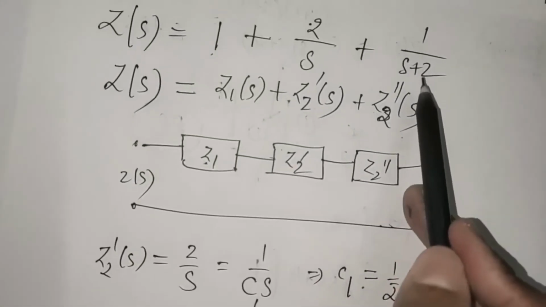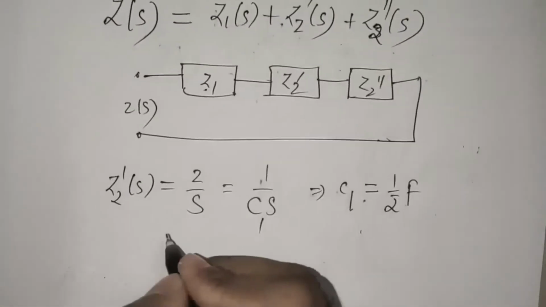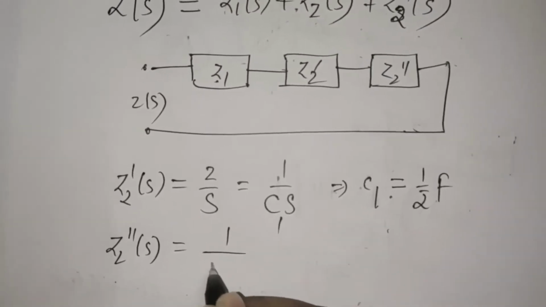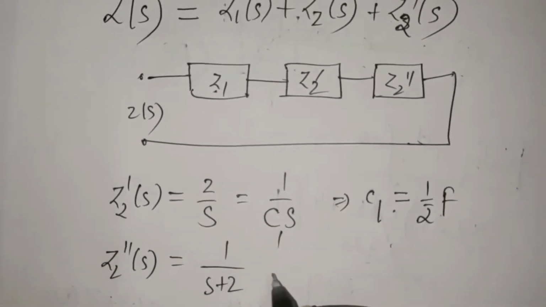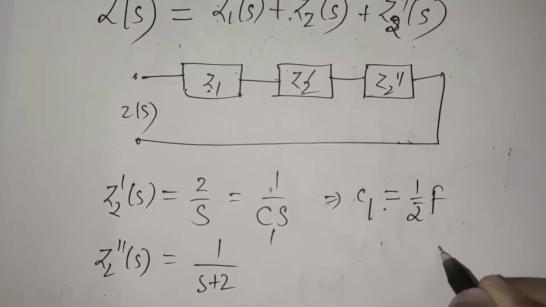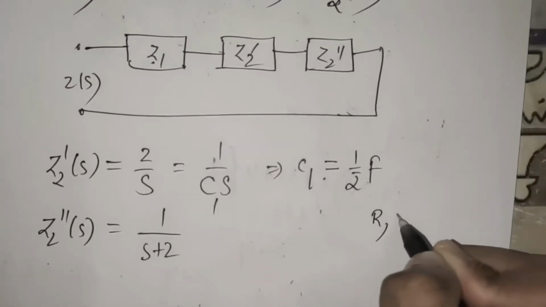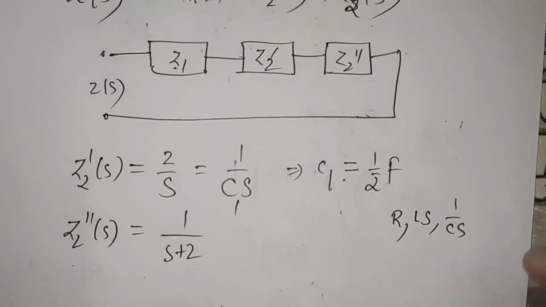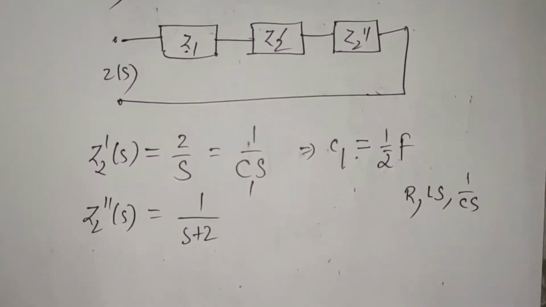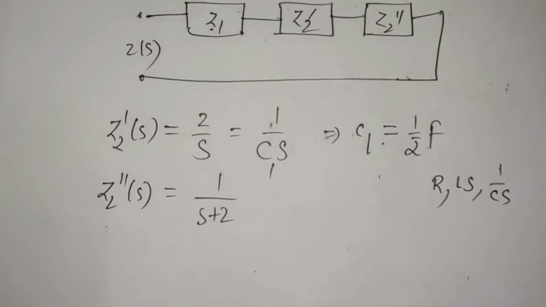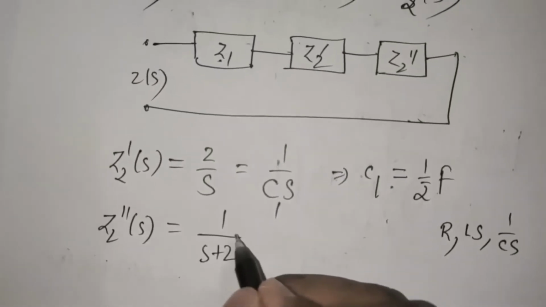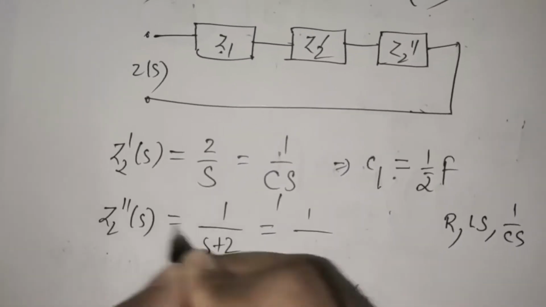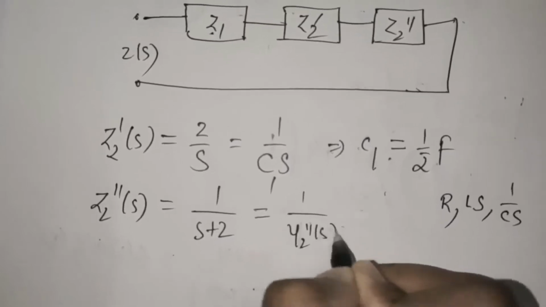The third term, that is z2 double dash, it is 1 by s plus 2. This is neither in the form of R, neither in the form of Ls, neither in the form of 1 by Cs. So it means that it is the parallel combination of R and C. So in such case we have to make numerator as 1, but in this case already the numerator is 1, so this I can write as y2 double dash of s.